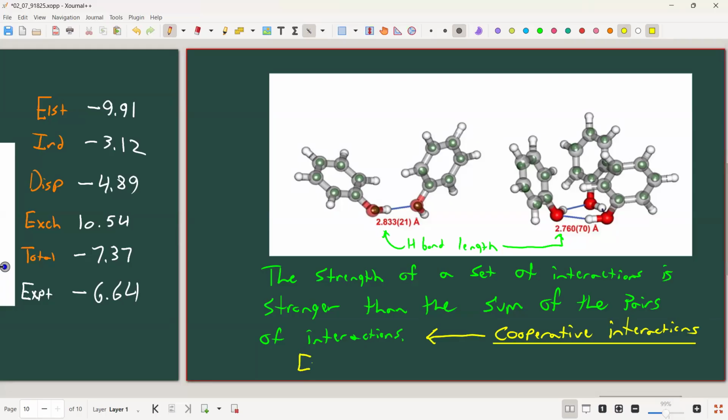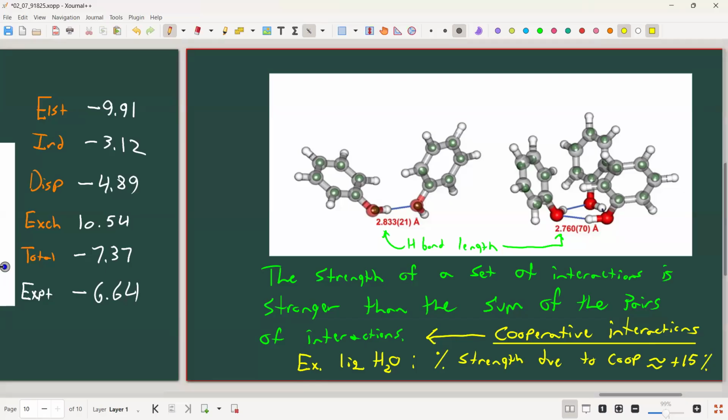And just as an example, in liquid water, the percent strength due to cooperation is about plus 15%.